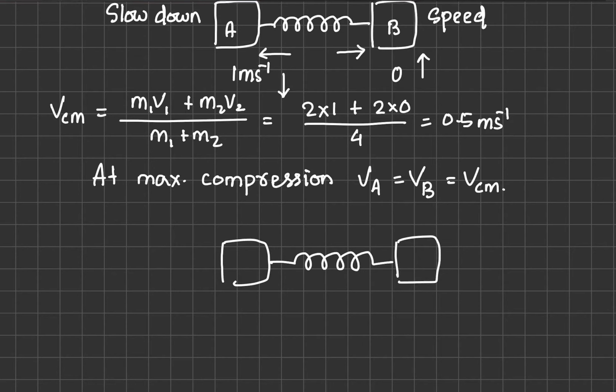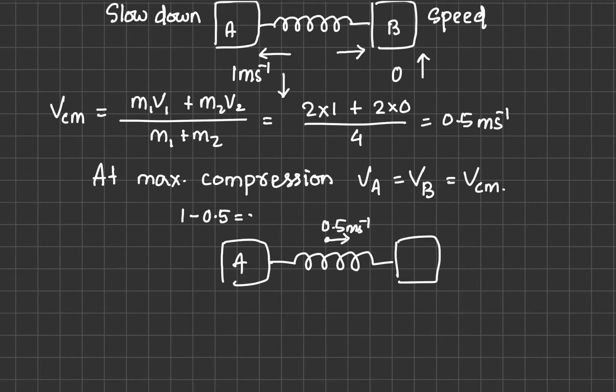Analyzing the system from here, velocity of center of mass is 0.5 meter per second. Initially, from ground frame, we have the data that A is moving at 1 meter per second. So velocity of A with respect to center of mass will be velocity of A minus velocity of center of mass.